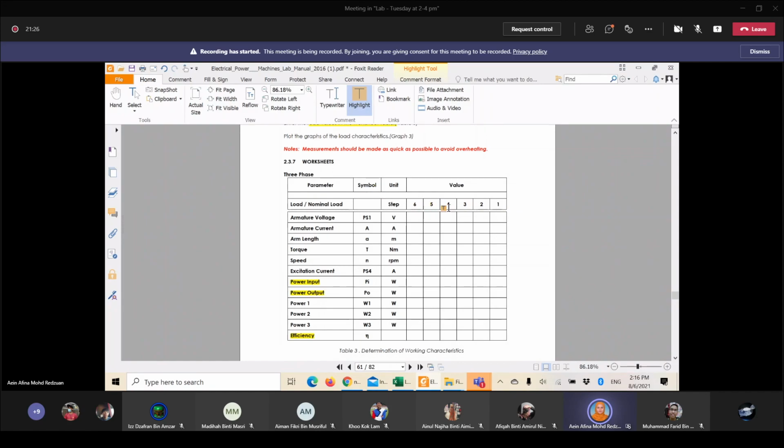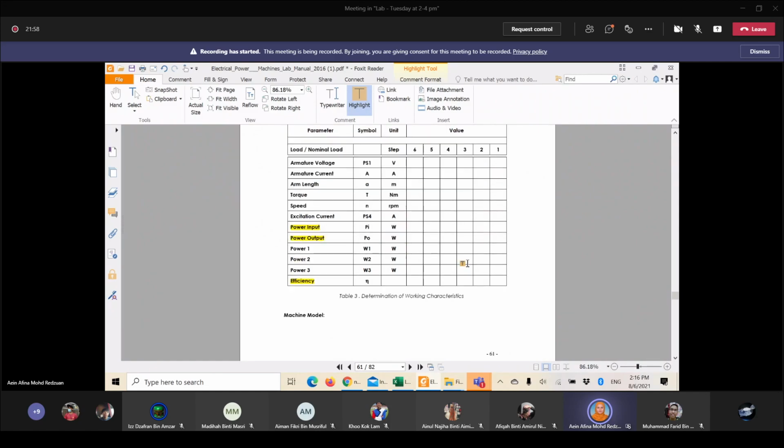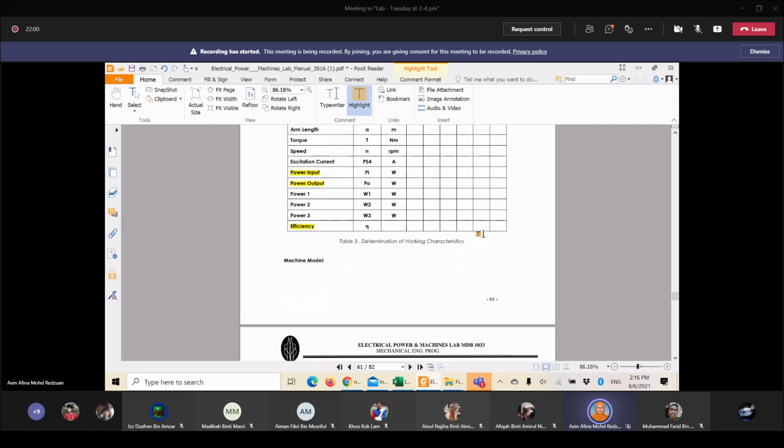When we induce the load at 6, record the armature voltage, armature current, arm length, torque, and these are all data that we get from the analyzer. And speed, actually we need to use the speedometer, but you won't see it in the simulation. For power input, power output and efficiency, you have to calculate it with the calculation given.